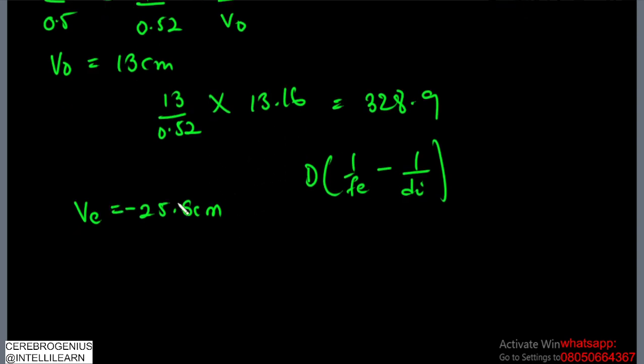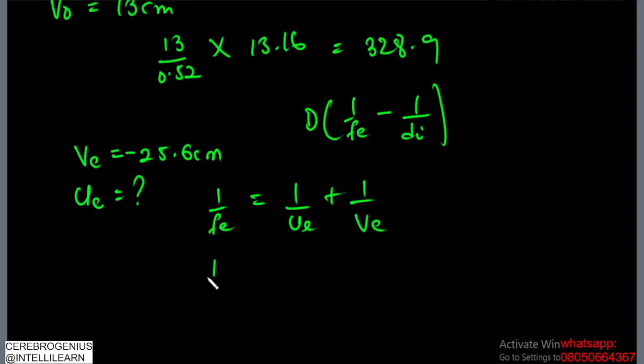So how do we do that? We use this to get UE, the distance of the object from the eyepiece, then we subtract it from the length of the lens, so that we can get the distance of the image from the objective. Then we will be done. So UE is going to be what? We use 1 over FE equals 1 over UE plus 1 over VE.